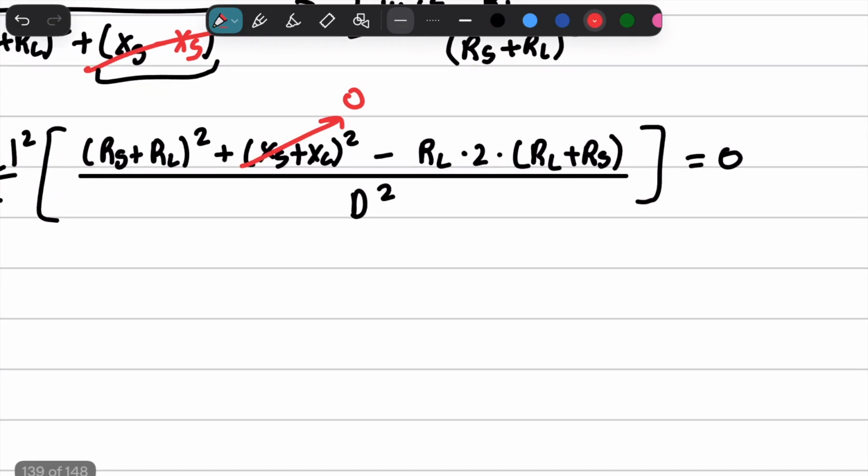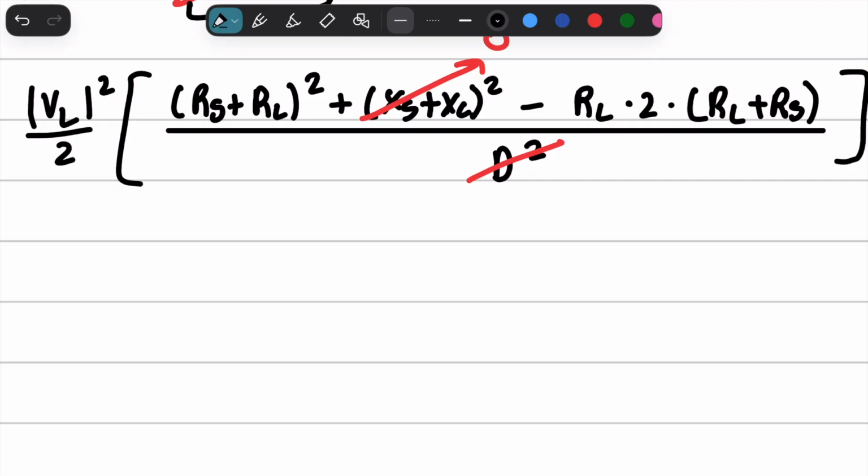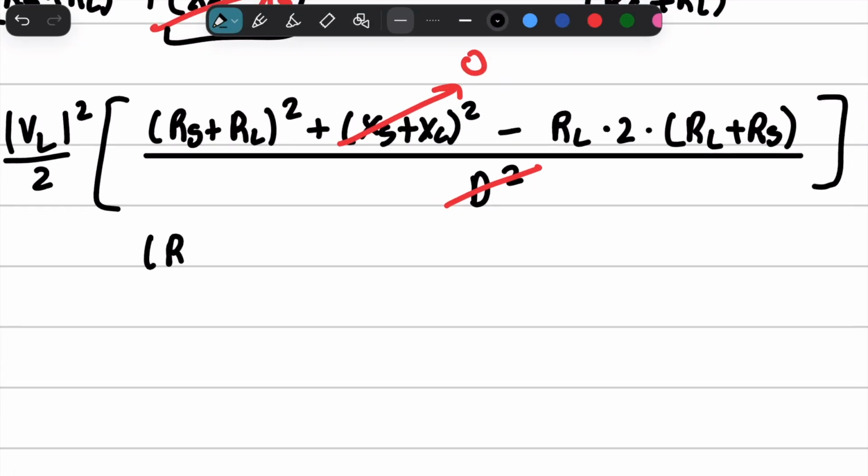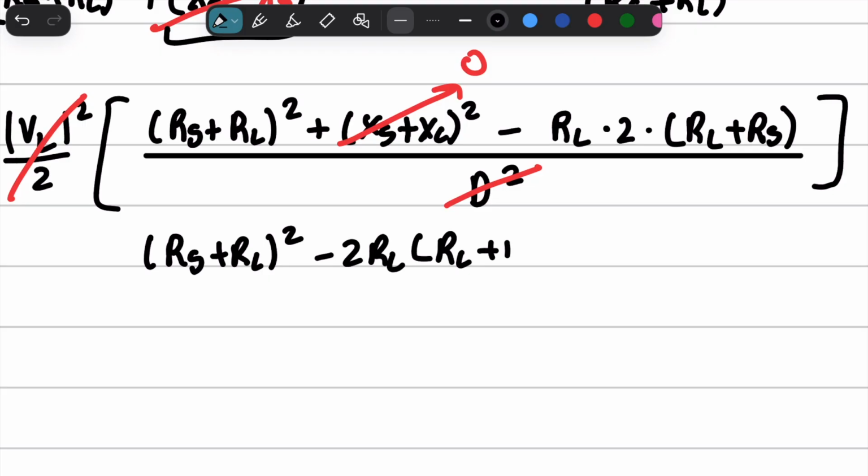Once again, this cancels. But we're left with a little more complicated portion. So we're going to have RS plus RL squared, minus 2RL times RL plus RS equals 0.